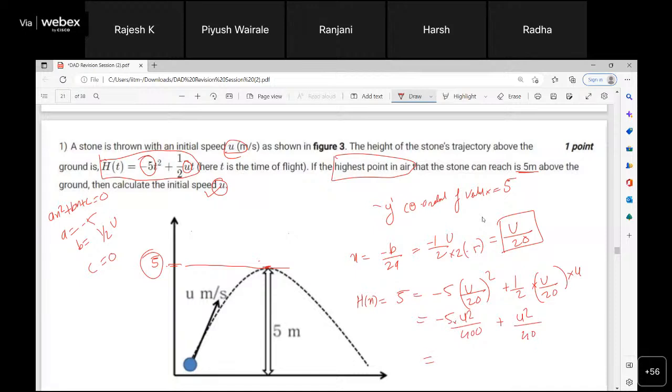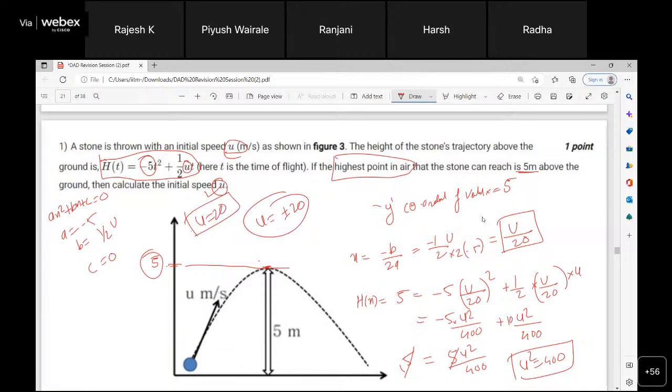You can simply multiply both sides by 10. So here you will get 10u squared. So 5u squared upon 400, it is 5, right? So 5 gets cancelled. So u squared equals 400. So u equals 20, right? Speed is always positive, so u equals 20.